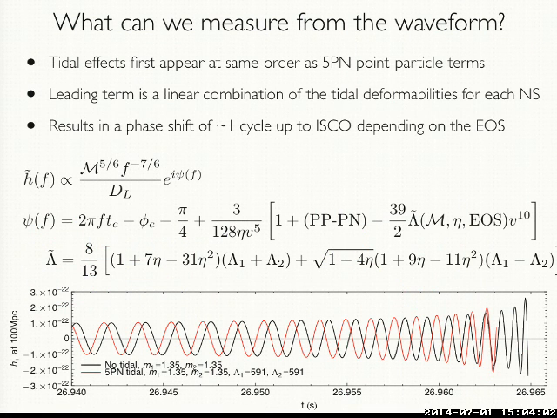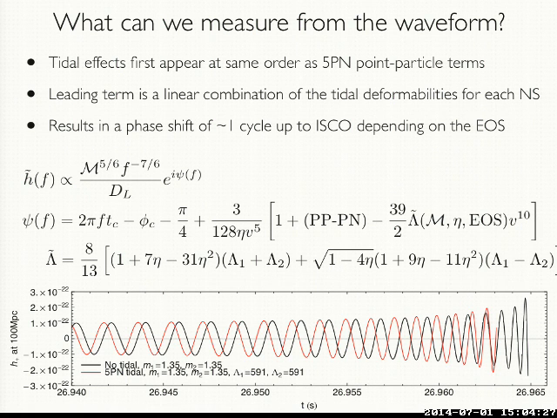So the way the tidal interactions affect the waveform is through these tidal parameters that enter at 5 post-Newtonian order. So it's technically a Newtonian effect because you just, in Newtonian gravity, you have tidal interactions. But the way it affects the waveform looks like, so here I'm showing the Fourier transform of the waveform.